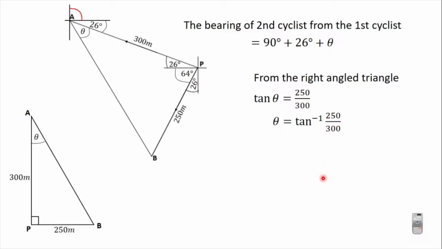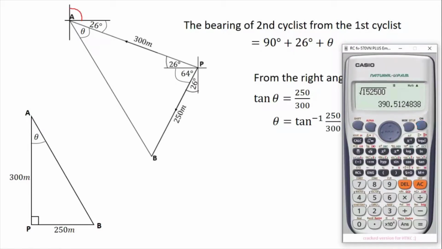We know how to find tan inverse of a number. So all you need to do is to switch on your calculator. You press shift tan, you bring the fraction 250 divided by 300, and this is going to give us 39.8055. It goes on and on.